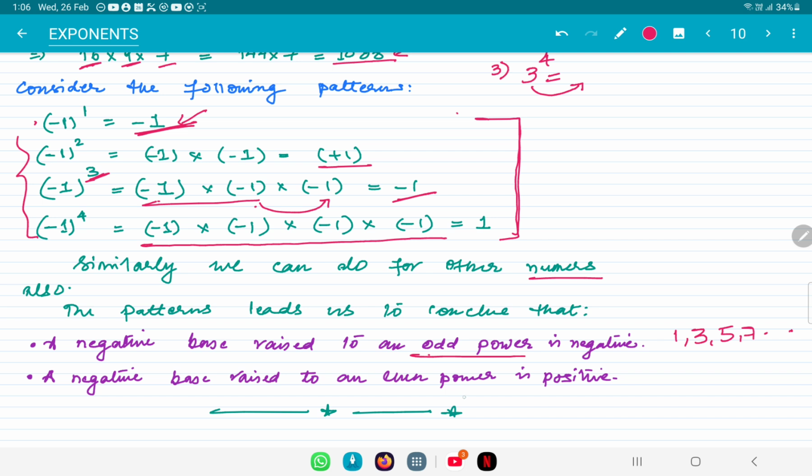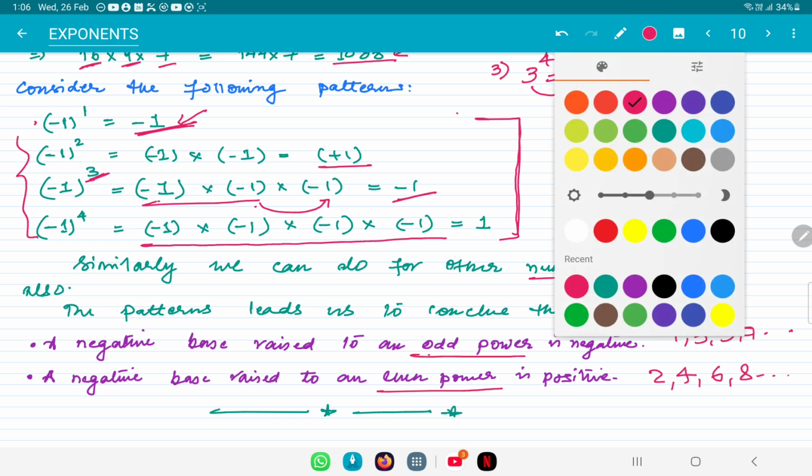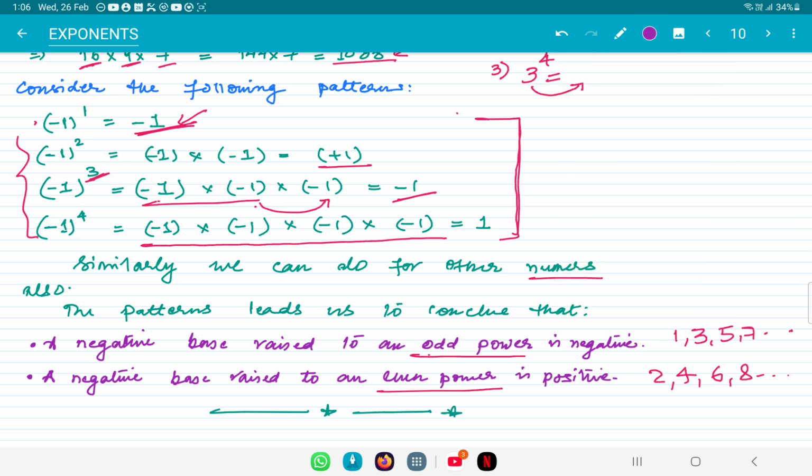And when the power comes in the form of even numbers, 2, 4, 6, 8, we get a positive number. See here, I am doing it with purple. Minus 1 raised to the power 2, we get plus 1.